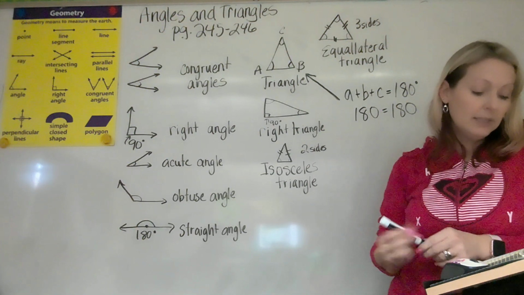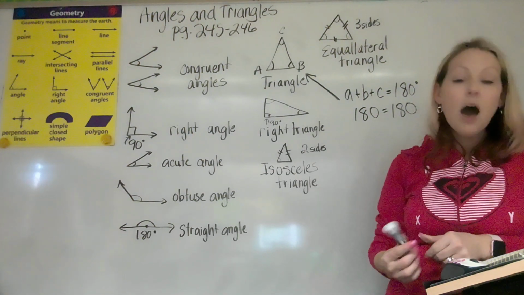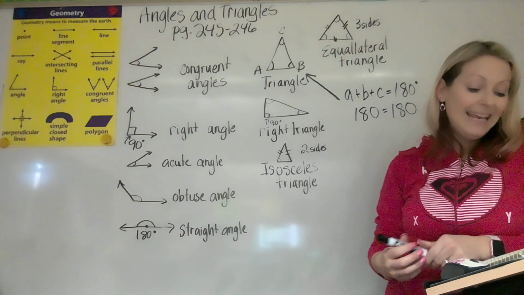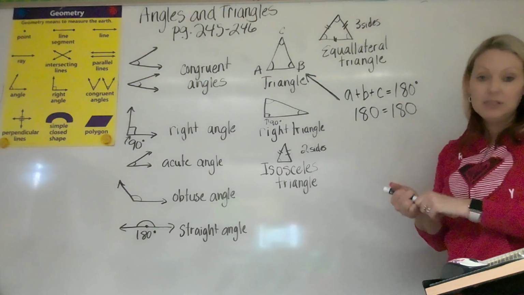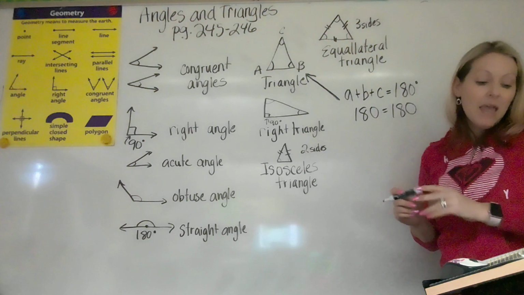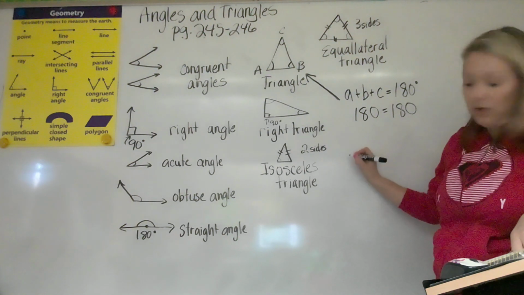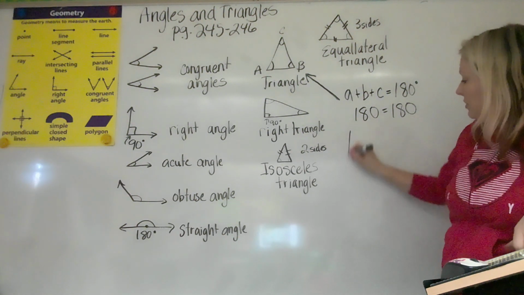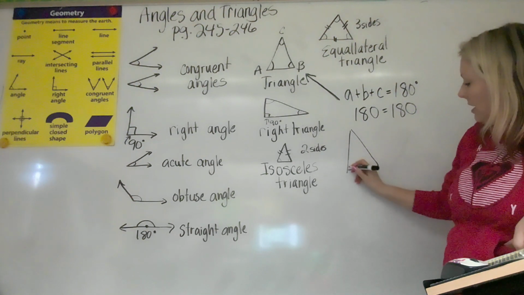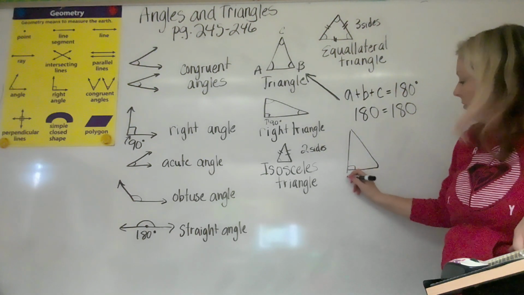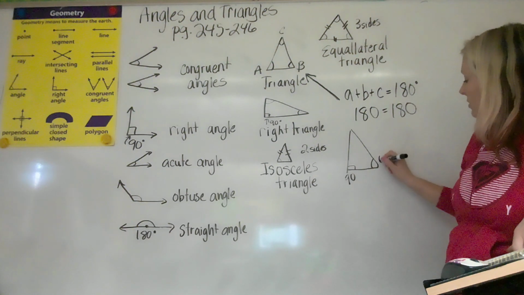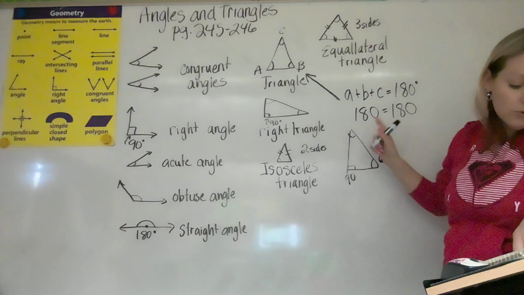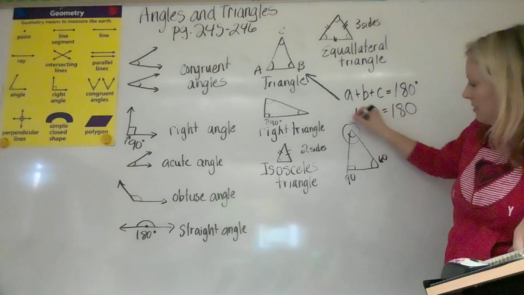Number 2A, it says, find the measures of the third angle in each of the triangles, okay? So I'm going to step over here to the side a little bit and see how we do. It's showing you that you have this triangle, right? And one of these we already know is 90 degrees, and then we have this one, which is 60 degrees, and you're trying to find this one right here.